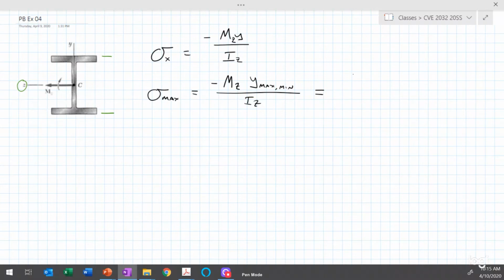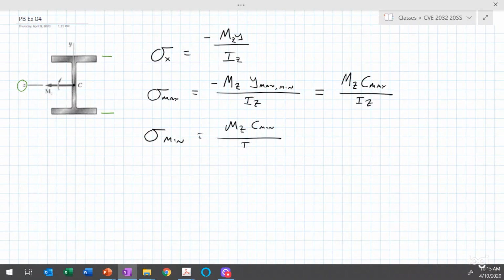All right, and then a lot of times in your textbook, you'll see that that's equal to, well, let's just do away with the negative sign. We'll say that's M sub z times c max divided by I sub z. Or you could write that sigma min is equal to M sub z times c min divided by I sub z.